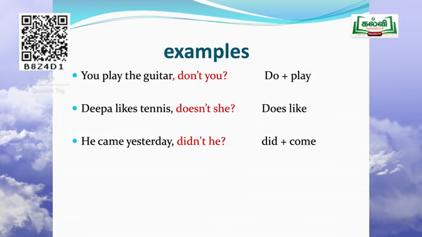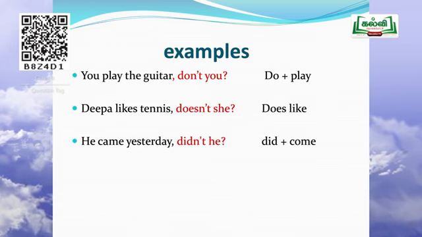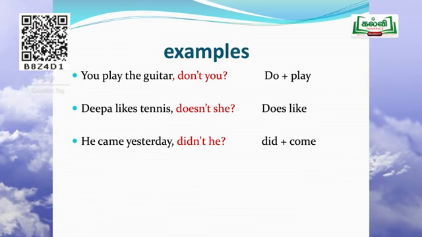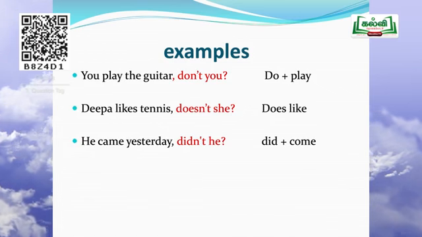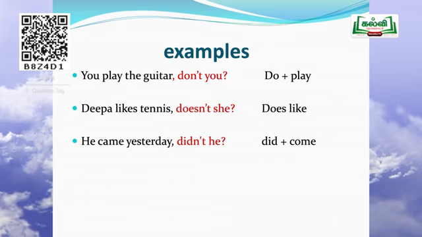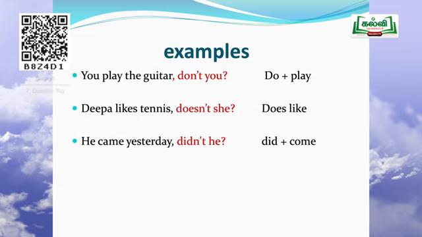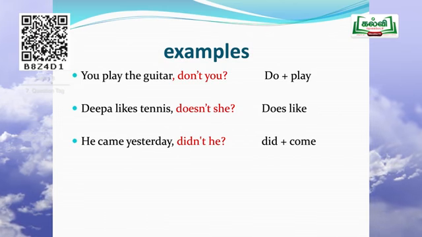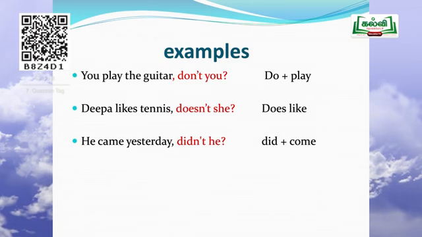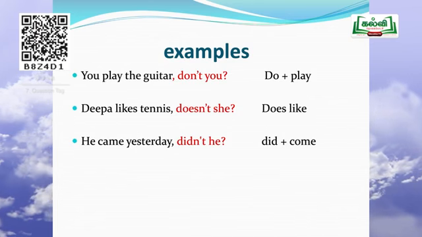We'll see another example. Deepa likes tennis. The tag is "doesn't she." How is it formed? Again, you have to pick out the verb. What is the verb here? Likes, the base verb with s form. So we split it into does plus like. Then take the does; now we have the auxiliary verb. Then decide whether we have to add not.